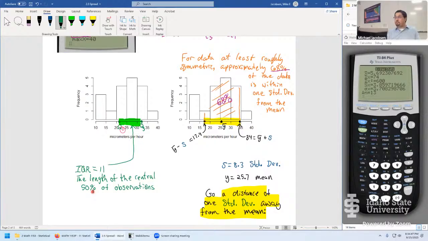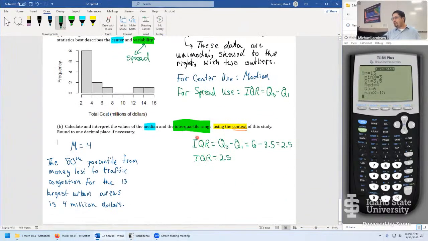You could say 50% of the observations go from 3.5 million to 6 million. If you did that, I would still say, yeah, you're talking about the interquartile range. You just gave me the two numbers. So that would be an okay way to say. Some people really like saying those two numbers. They would say the central 50% of all observations for money lost is between 3.5 million and 6 million.